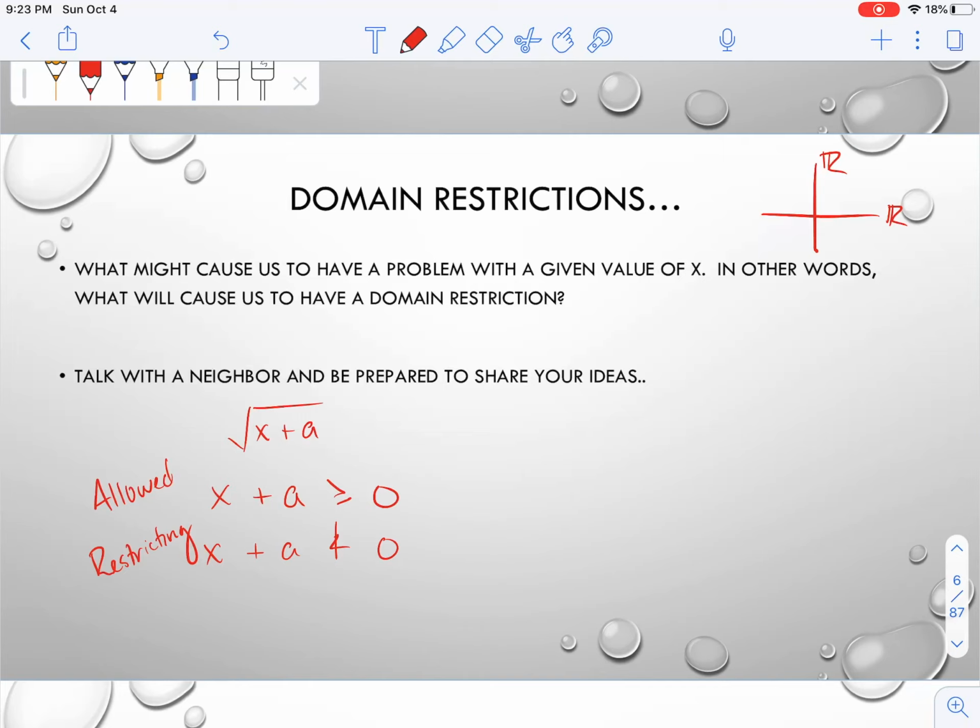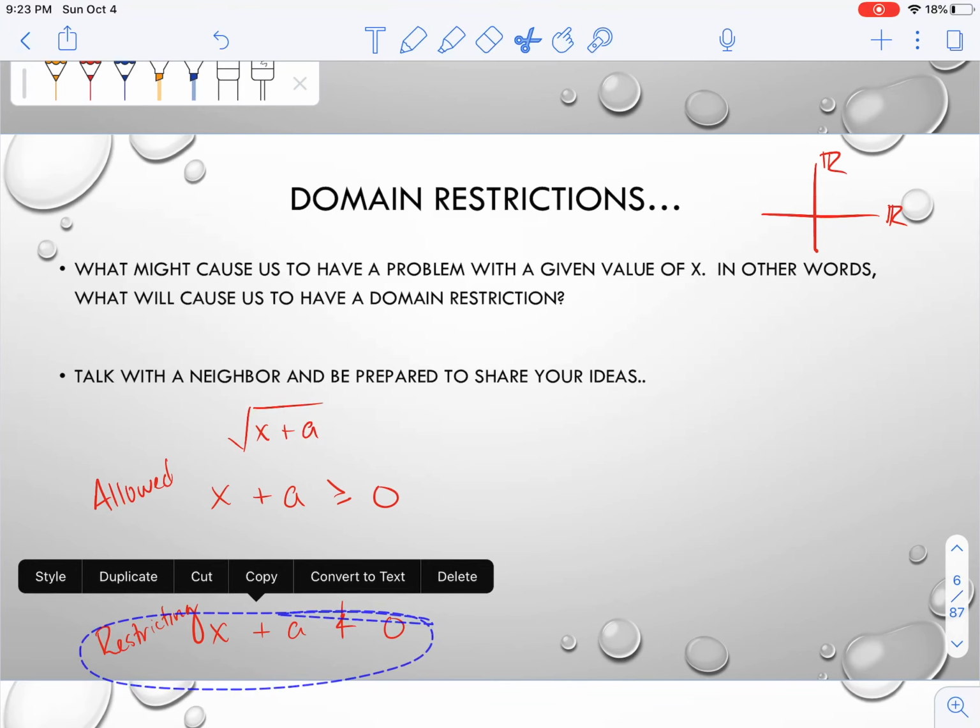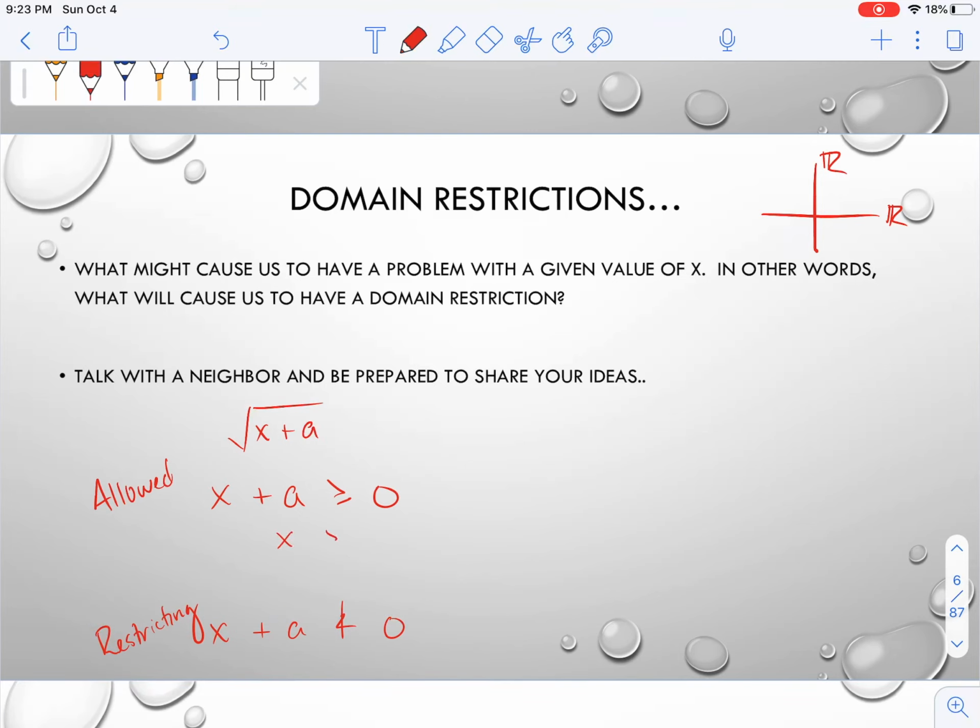Typically what I do is this top one, where I'll set that quantity greater than or equal to 0. And when I then solve it, what I get in this case would be x has to be greater than or equal to negative a for us to have a function that's going to work here.